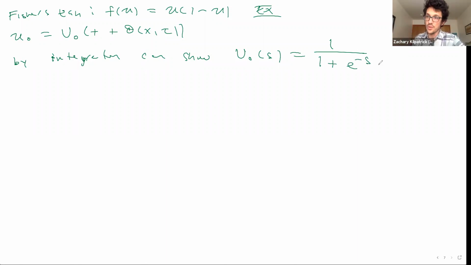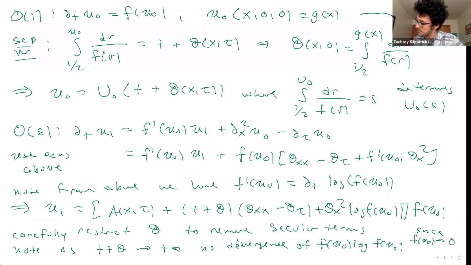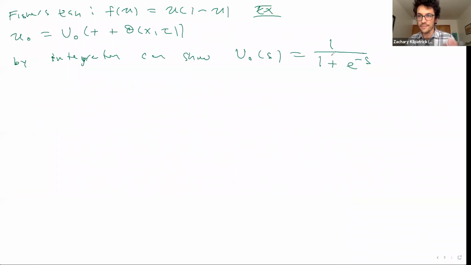So we have this nice smooth sigmoidal function that we get for the profile of this. And remember, how is u of s defined? It's probably way up here. It's just given as the implicit solution to this integral formula here. So you can imagine how that goes. You plug in r times 1 minus r here. You perform partial fractions. You do the integration. You get some logs. In order to undo those logs, you exponentiate. You isolate u0, and you get back this function here.